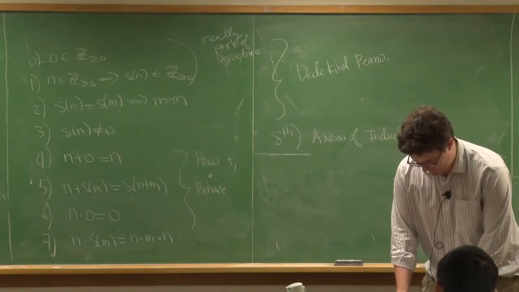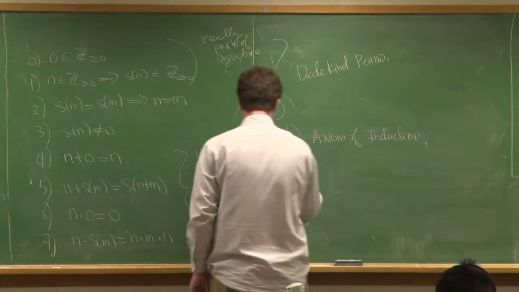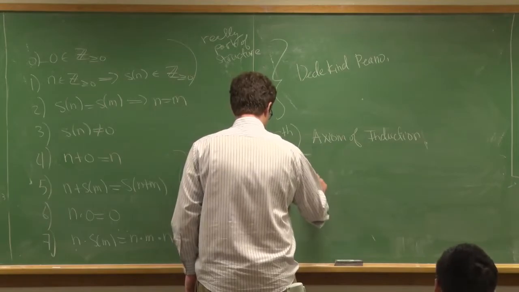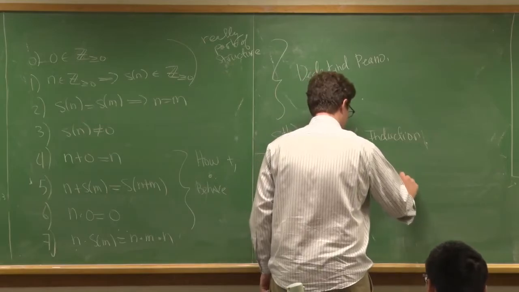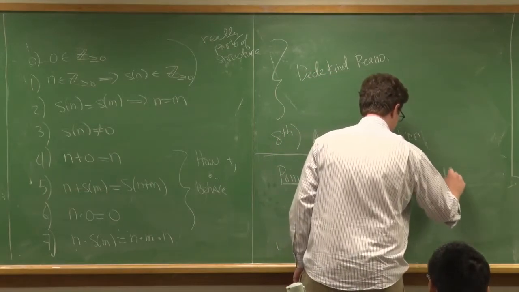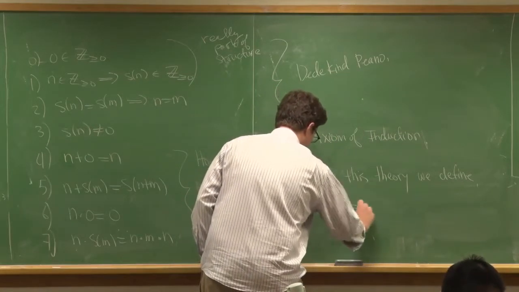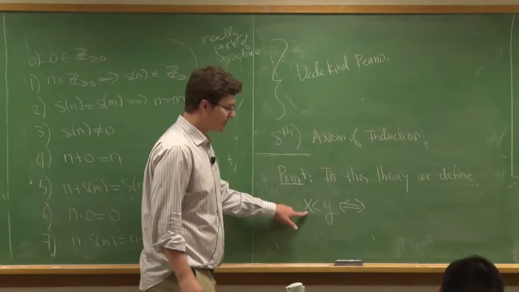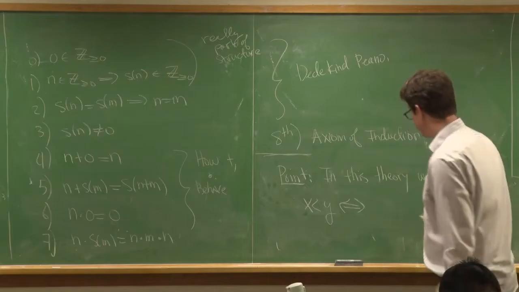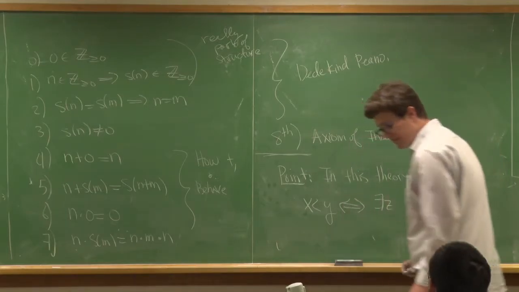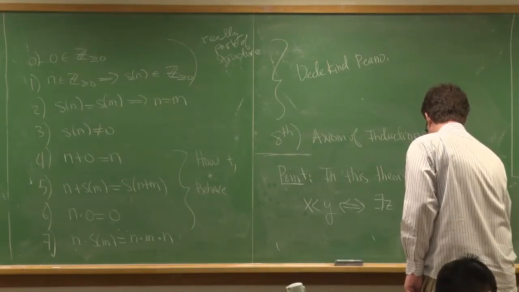Okay? Finally, one of the big points is that in this theory we can define the following: x is less than y. This is what we really wanted to get at. If and only if there exists some z such that S of z plus x is equal to y.